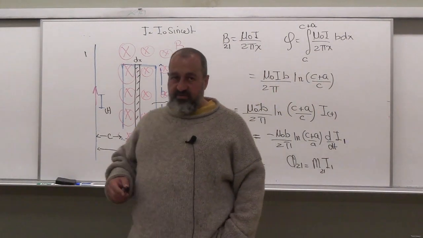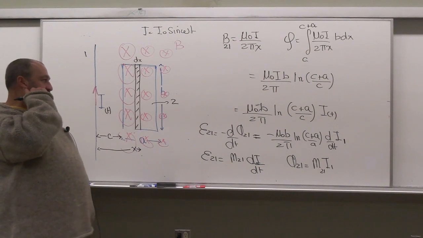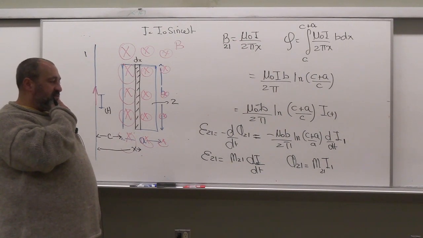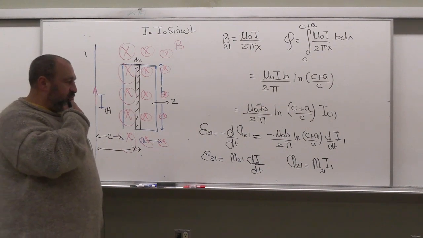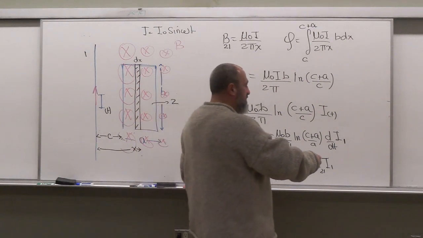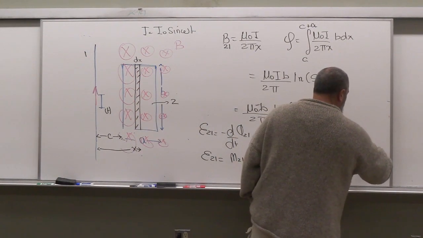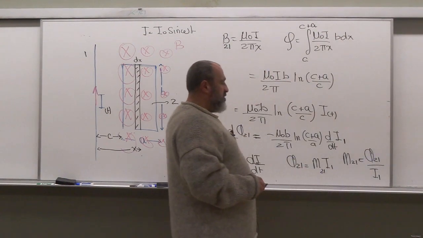I'm not sure how much of this to test you on, given the circumstances, but I just want to get across the idea that the mutual inductance between 2 and 1 is equal to phi in 2 from 1 divided by I in 1, right?